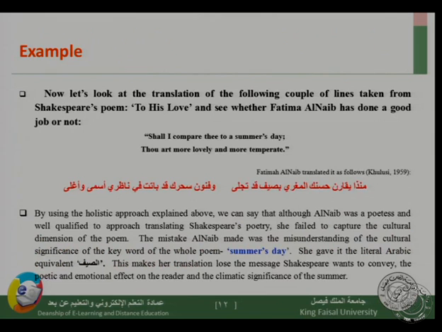Now, very quickly, I've chosen an example, I don't know whether you have heard of it before, to show you the relationship between language and culture and the effect of cultural connotations on translation.